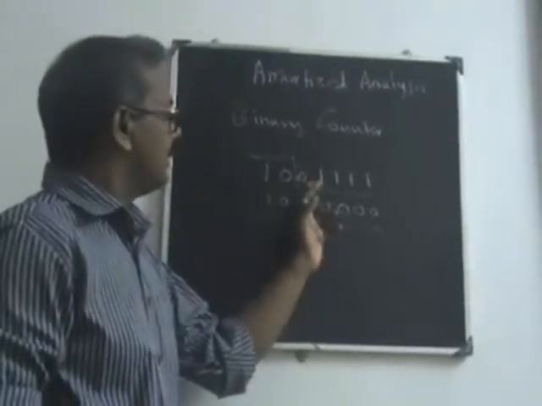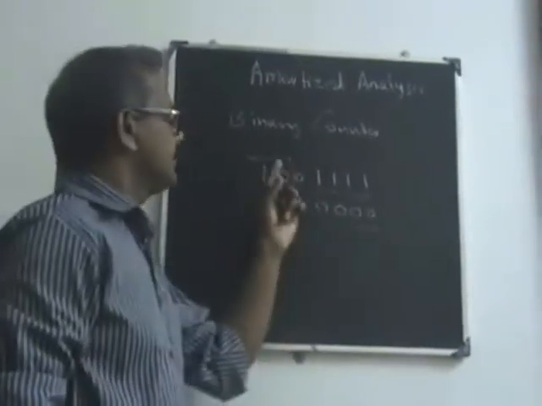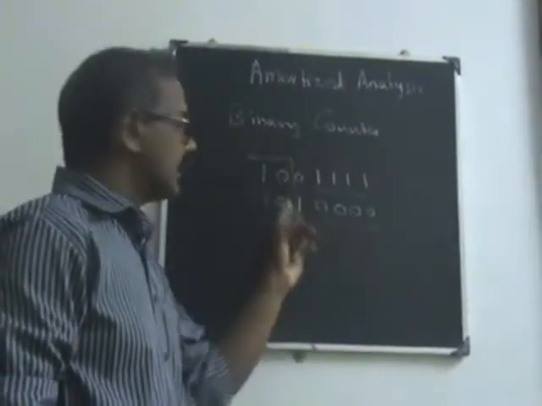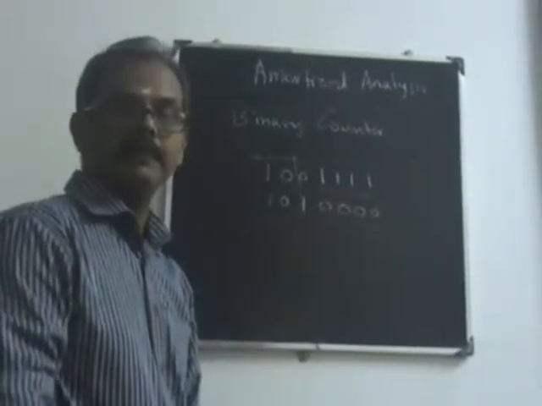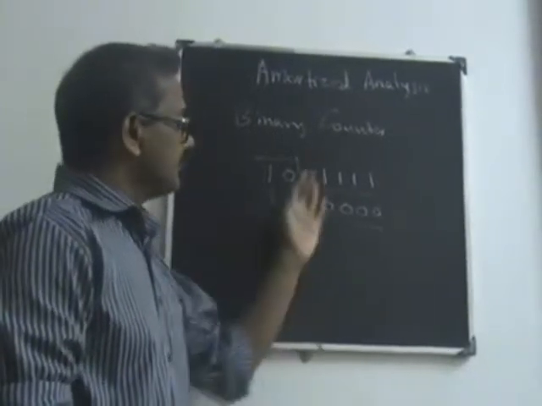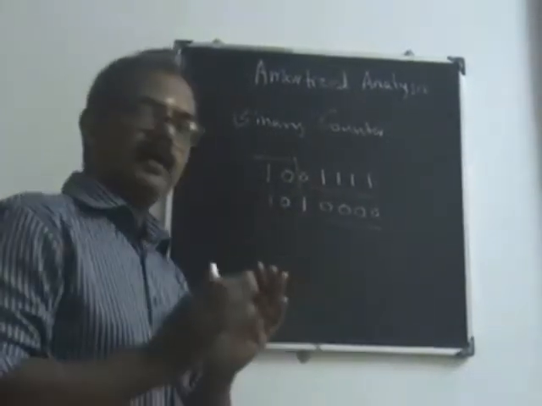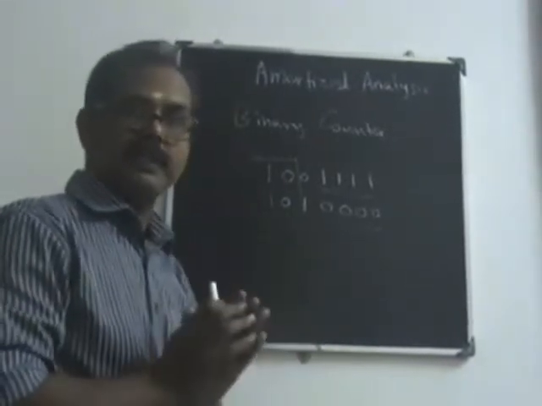And a bit just following that, which is 0, is converted to 1. So only this is the change that happens. Now, if this is the case, let us see the normal worst case analysis.